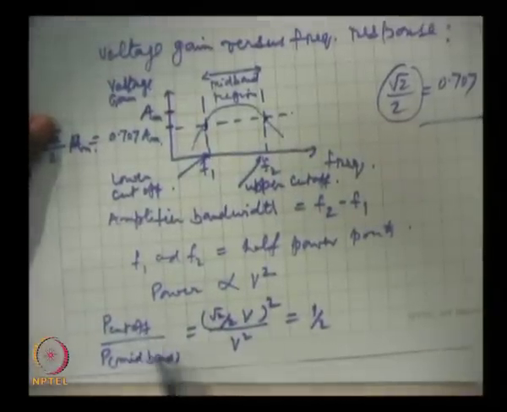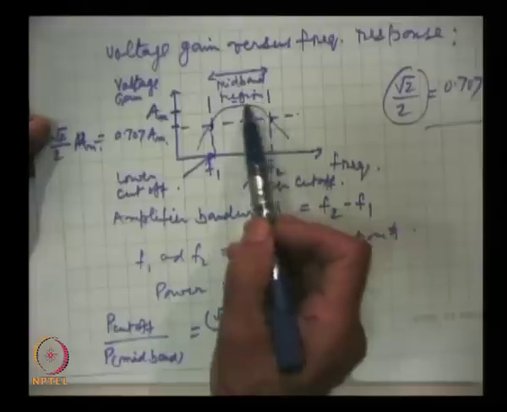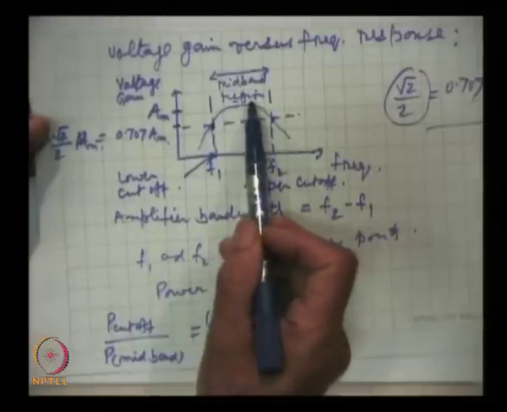We just find out that power at cutoff is half of power at midband. Power here is half of power here.